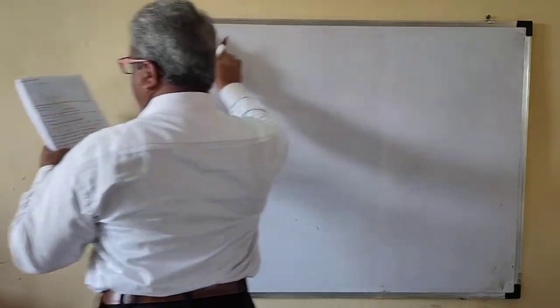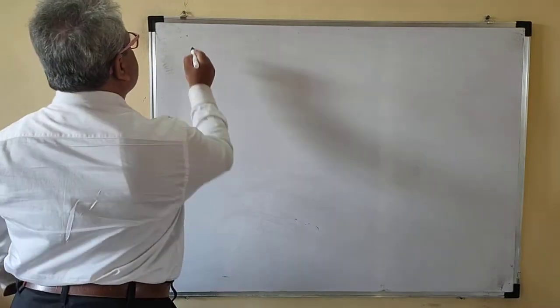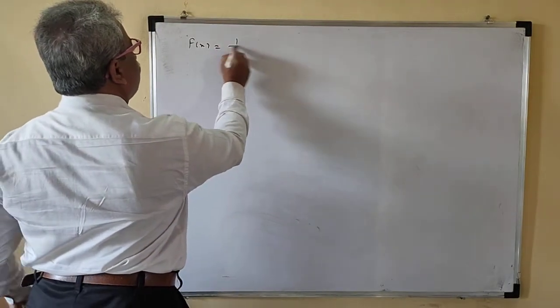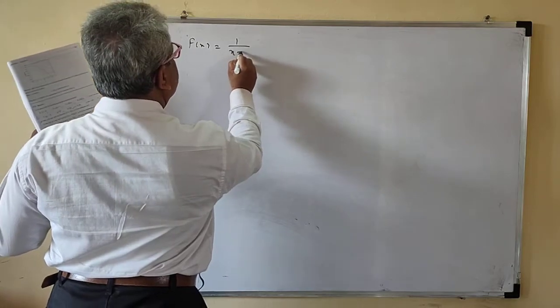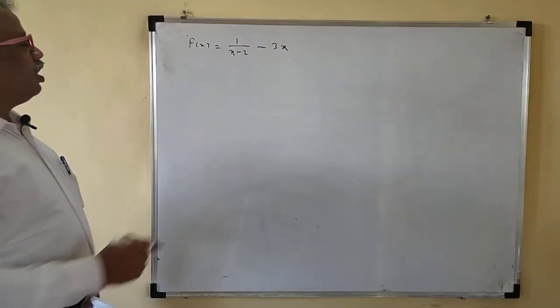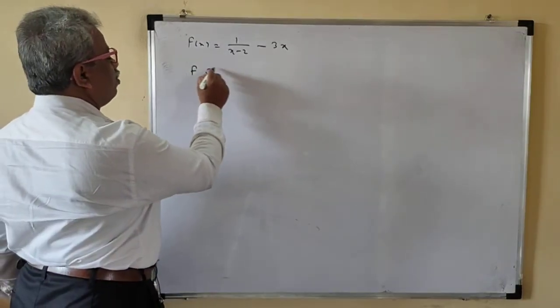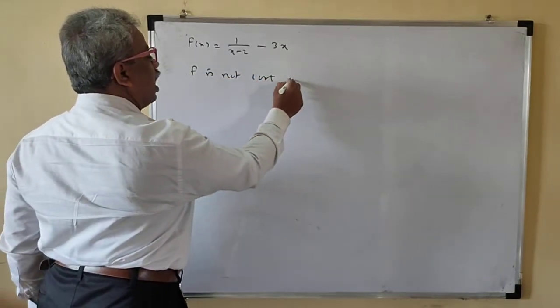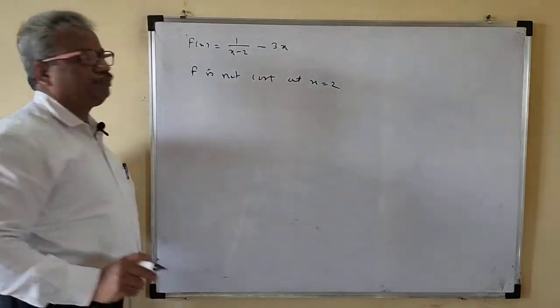Now we will discuss the discontinuity of the following function. Suppose f of x is equal to 1 upon (x minus 2) minus 3x. Here f is not continuous at x equal to 2.